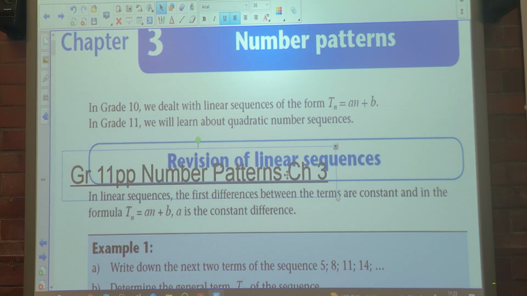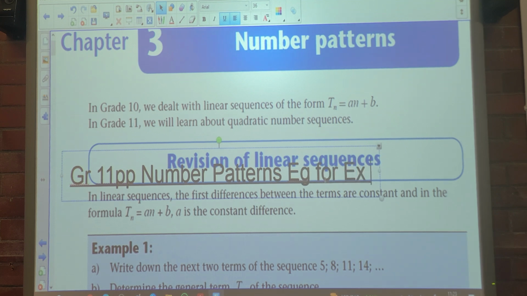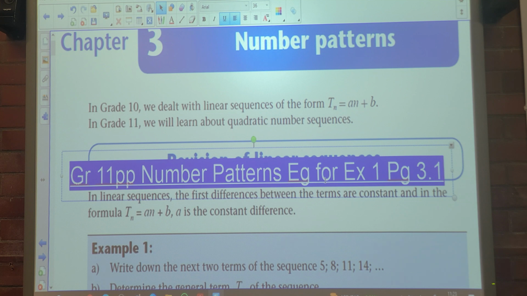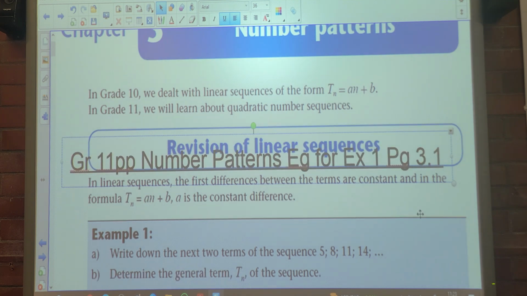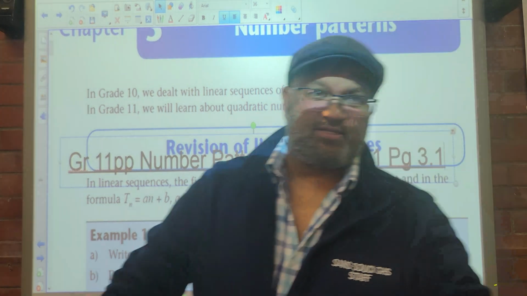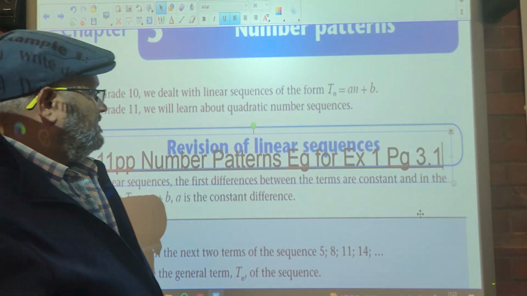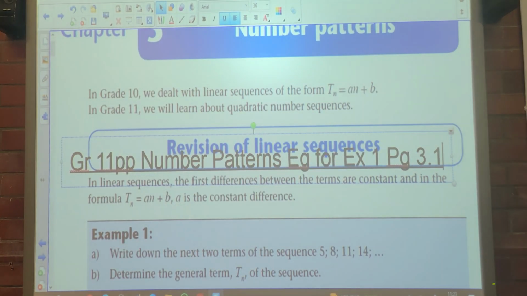So we're looking at the examples for exercise 3.1, which is on page 71.